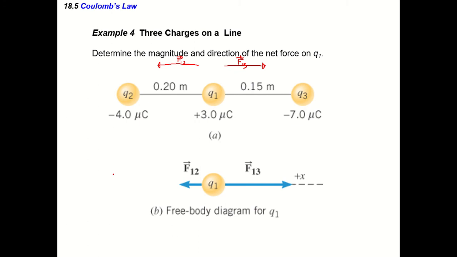Then F13. So we have here 3, then minus 7. Okay, so F13. So there's a 4, no? For the difference here, the difference is 1.